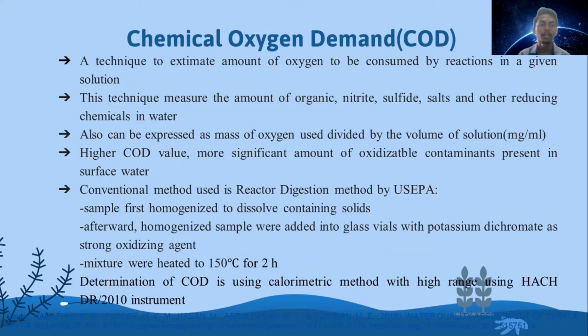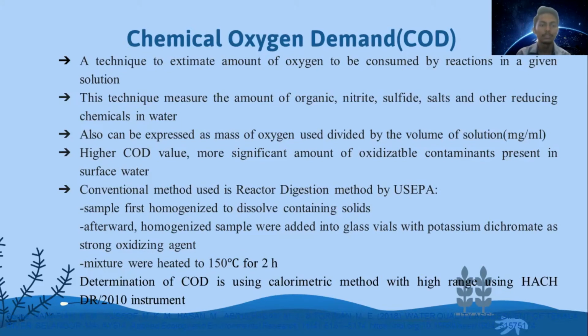It can also be expressed as mass of oxygen used divided by the volume of the solution in mg per ml. So the higher the chemical oxygen demand value, the more significant amount of oxidizable contaminant present in the surface water. The conventional method used in the assessment is the reactor digestion method by USEPA.